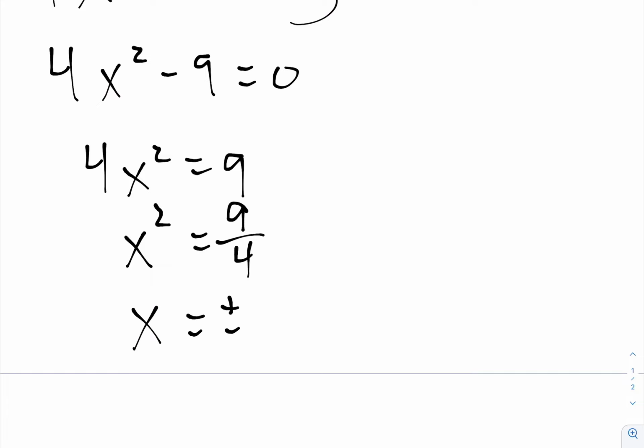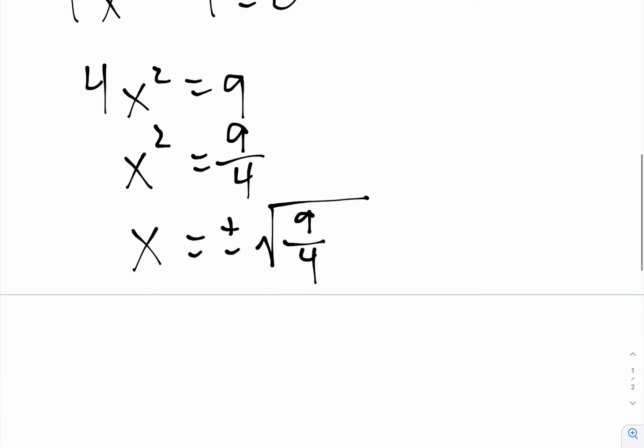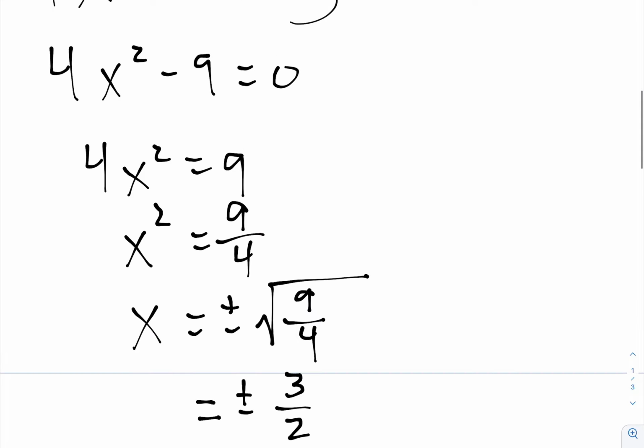And we have to add this plus or minus here. So x is going to be plus or minus the square root of 9 over 4. The square root of 9 over 4, that's like the square root of 9 divided by the square root of 4. So that's plus or minus 3 over 2. Okay, so this is the solution for this question right here.